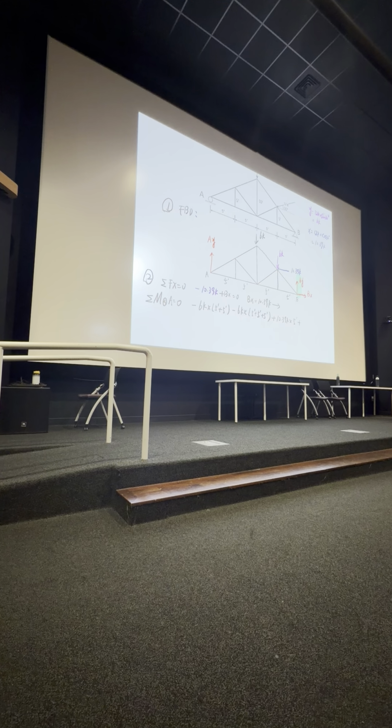So it's plus By multiplied by the distance, 5 plus 5 plus 5 plus 5, which is 20 feet, right? And make this equation equal to 0. So you got By equals 4.9. Okay, going up.